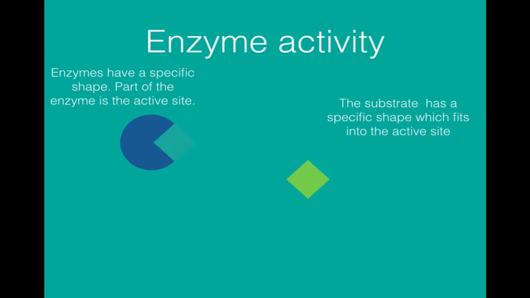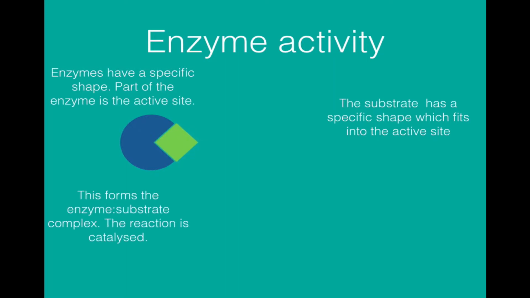So our substrate here is this kind of lime green square. And the substrate and the enzymes will collide at times. And when the substrate collides and goes into the active site, it forms the enzyme substrate complex, and the reaction that the enzyme catalyzes occurs.